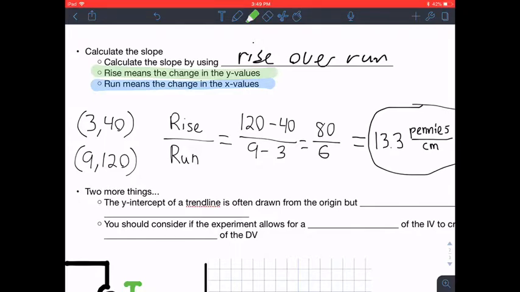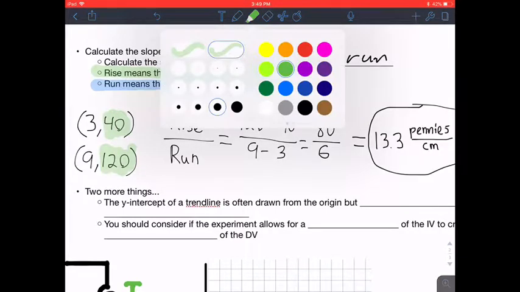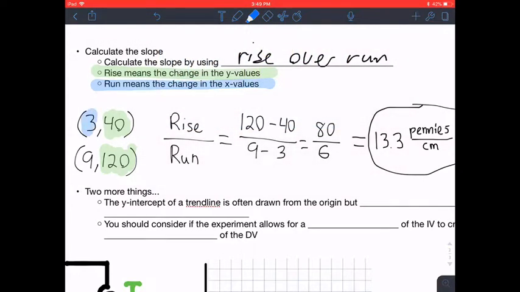Looking at our data here, the y values are right here, 40 and 120. The x values are 3 and 9. So when I'm setting up my equation, I'm going to have rise, which is green, up here on the top.